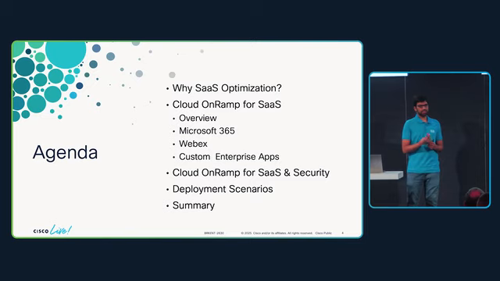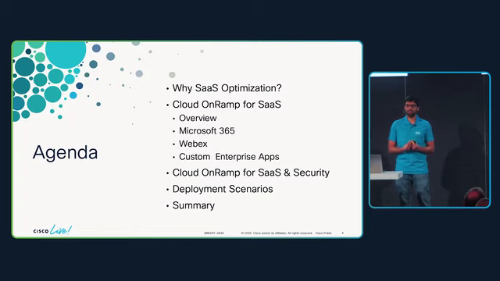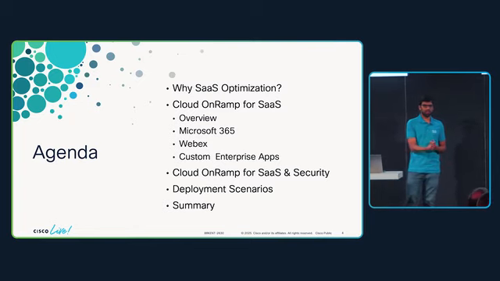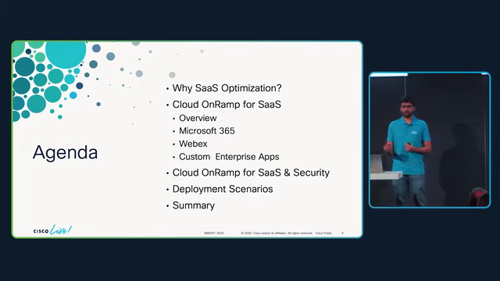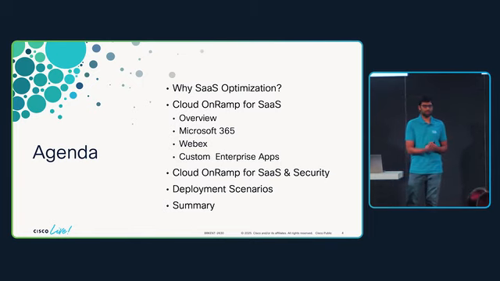What we have also seen over time is customers looking to do a similar kind of optimization for their own enterprise applications that are running either within your own data centers or in the public cloud, hosted within your cloud accounts. How could we do a similar kind of Cloud On-Ramp for SaaS optimization for those applications as well?